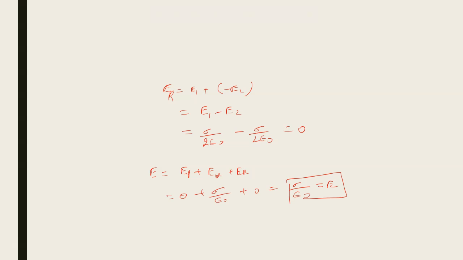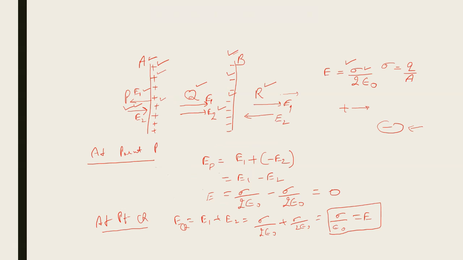That is, the E due to two oppositely charged infinite plates is sigma by epsilon naught at any point between the plates, and is 0 for all external points.